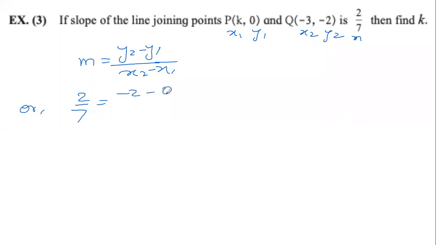Y1 is 0. X2 is -3. X1 is K. From here, all we have to do is use algebra to solve for the value of K. That is what is given in the textbook. Read the solution. Ask me if you have a doubt.